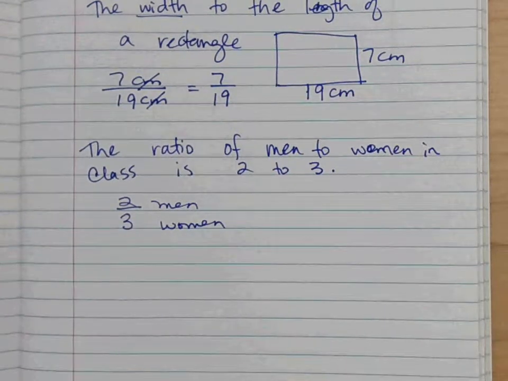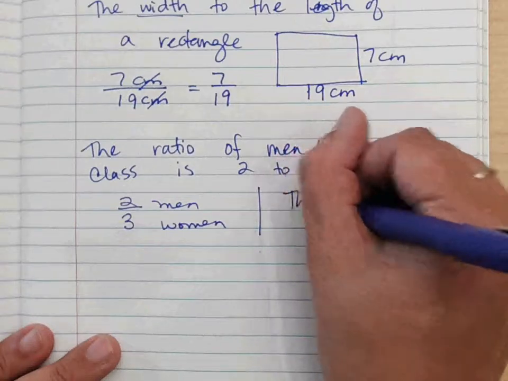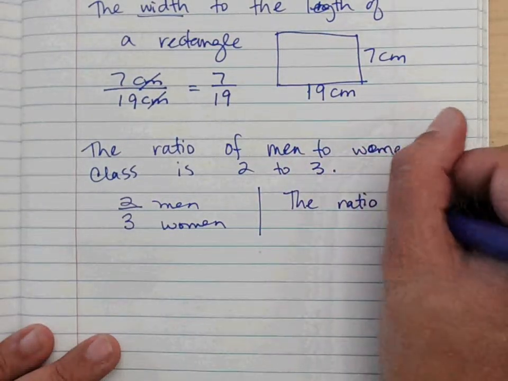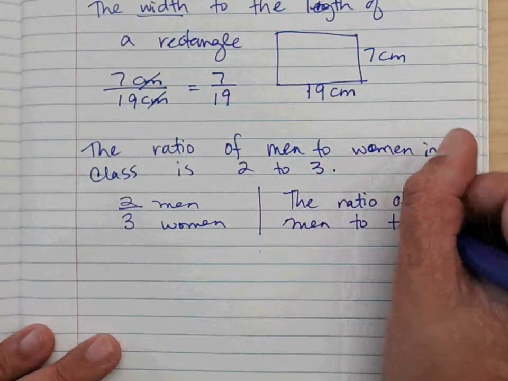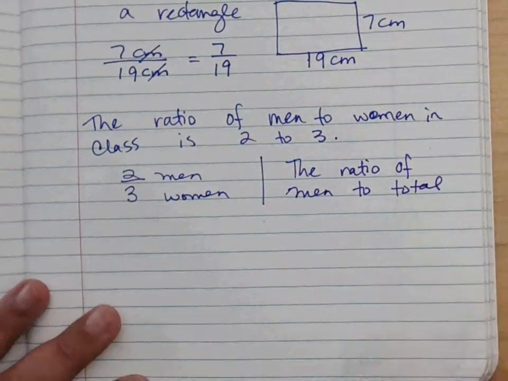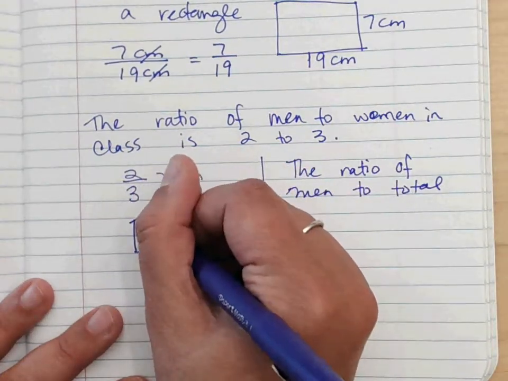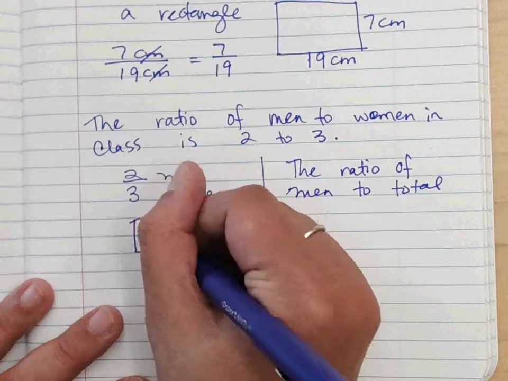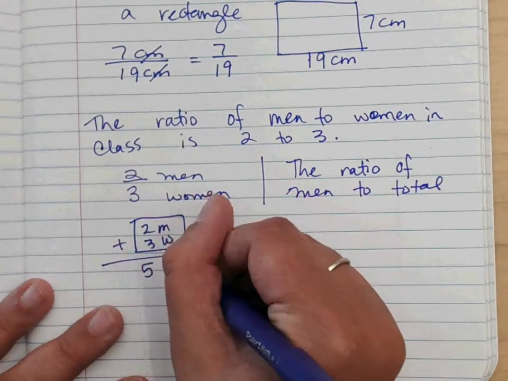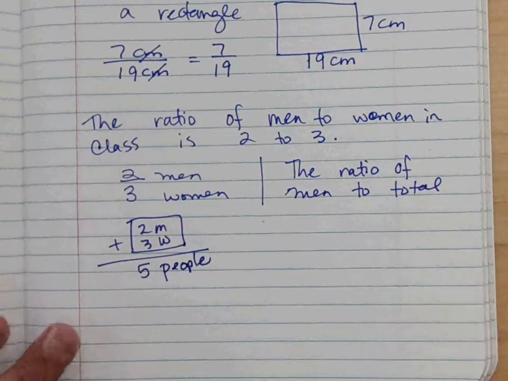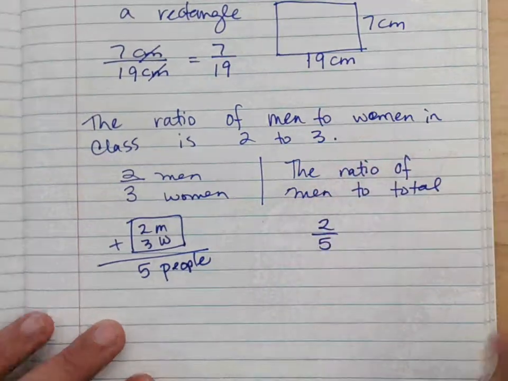Now, just given that bit of information, you might be asked to write, what's the ratio of men to total? And again, if we're thinking about this one little classroom, if I have 2 men for every 3 women, then I have a total of 5 people in the class. So the ratio of men to total would be 2 to 5.